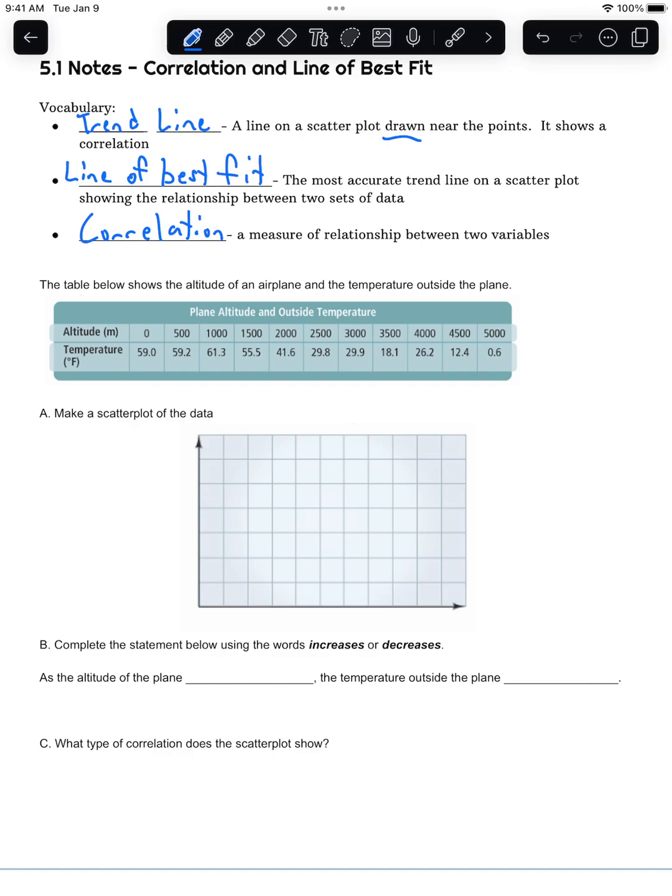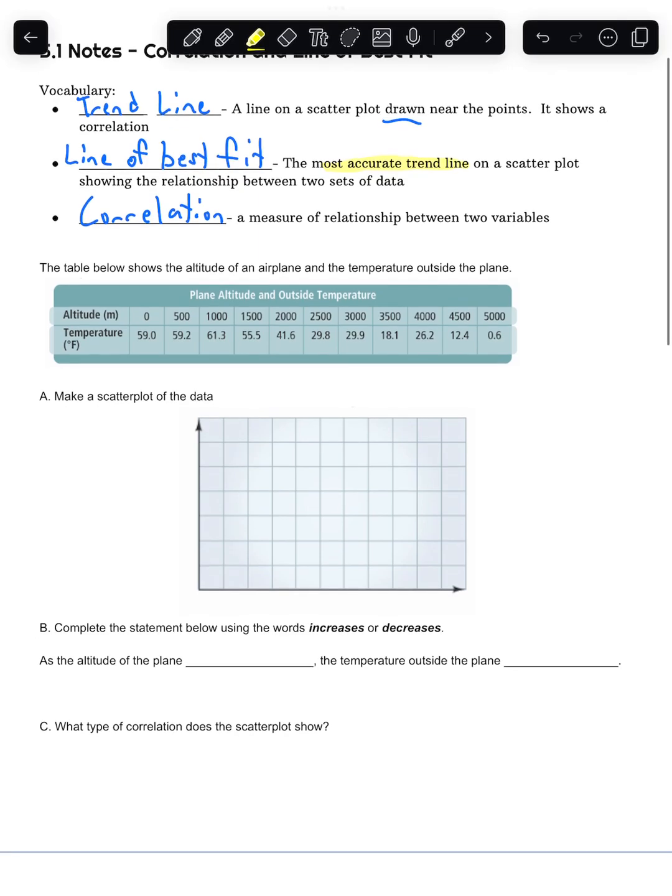I suppose the chances are low, but I may draw the perfect line; it's probably not going to happen. So what we can do is take calculations to come up with, as it says here, the most accurate trend line, which is from an equation. It's the most accurate trend line on a scatter plot showing the relationship between two sets of data.